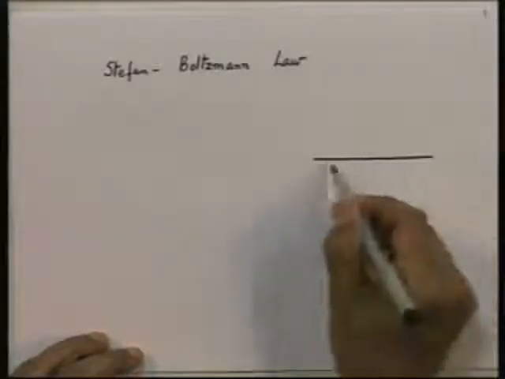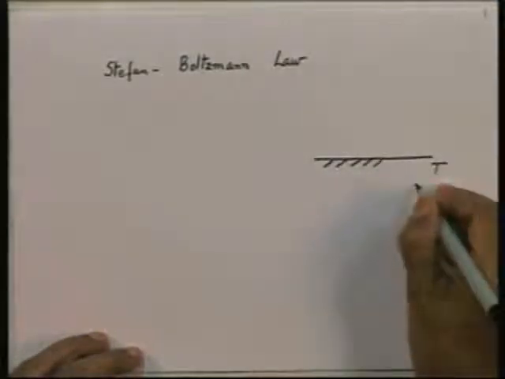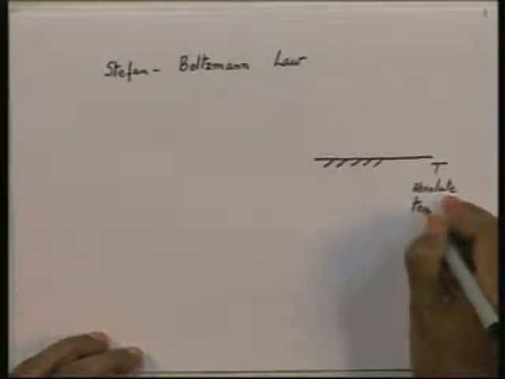So, if I have a surface, let me draw a surface, and let us say it is at an absolute temperature T. Note the word now, I am saying it is an absolute temperature, that is in Kelvin.